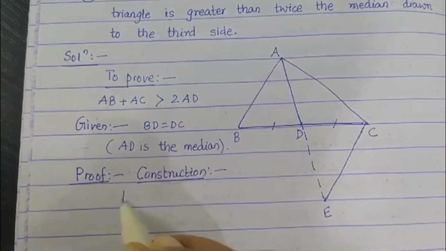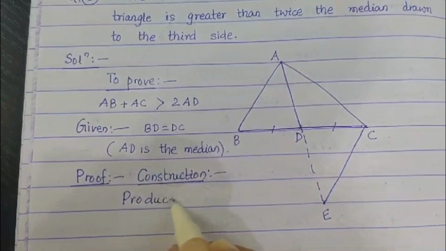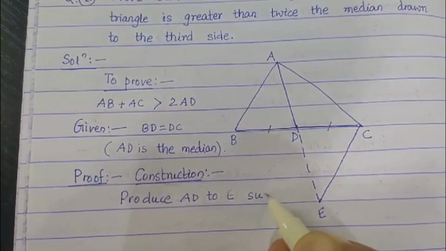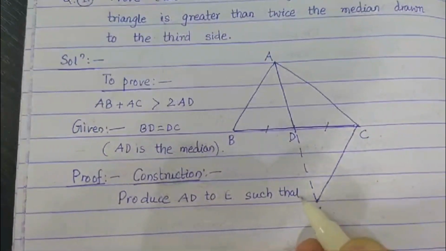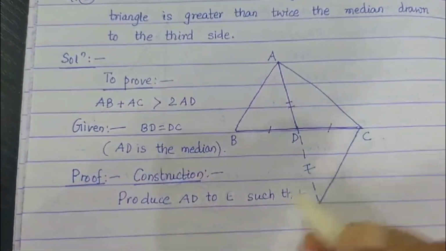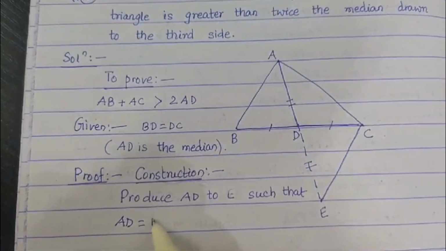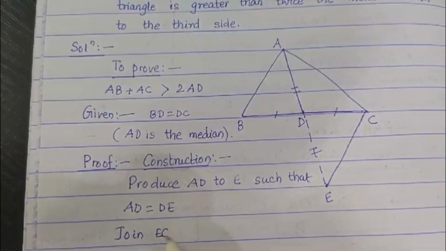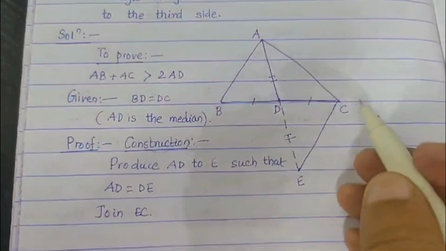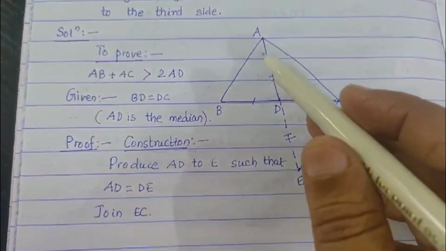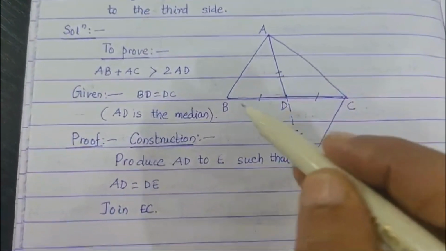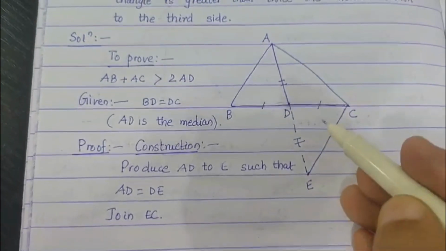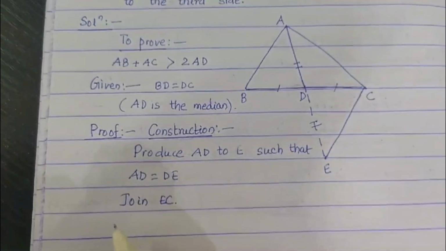The construction is: produce AD to E such that AD equal to DE, and then join EC. Now our procedure will be like this. We will prove that these two triangles ADB and CDE are congruent. Let's do it first.